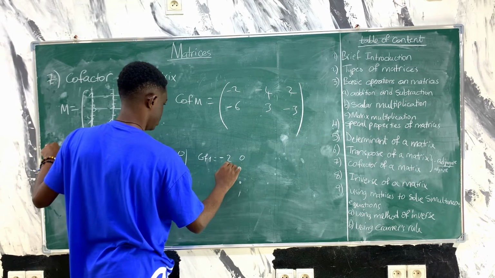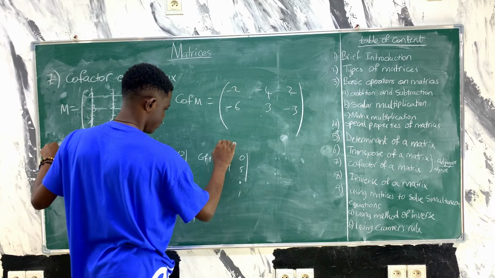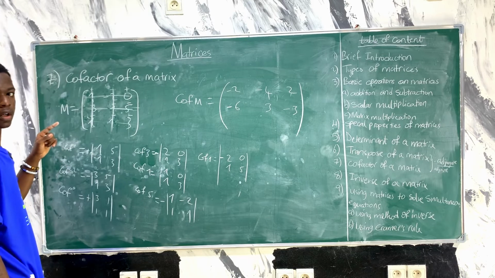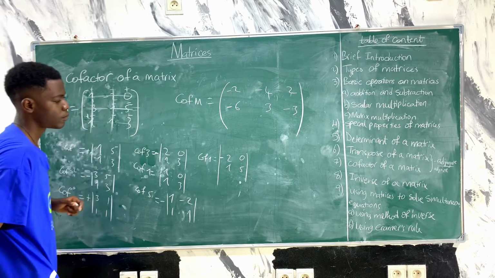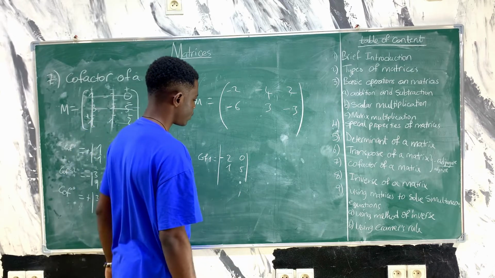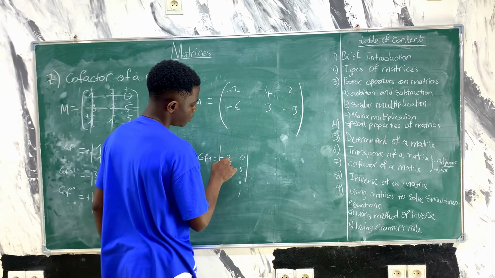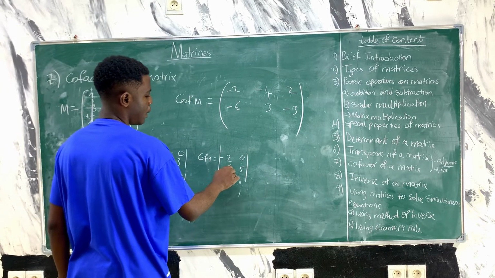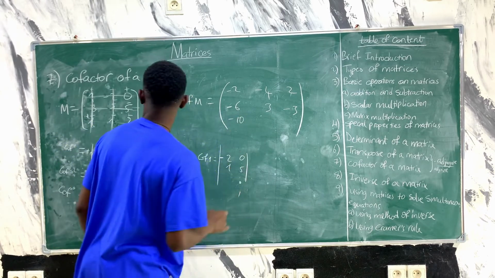The sign here is plus. So when you find the determinant here, you do minus 2 times 5 is minus 10. Minus 10 minus 0 is still minus 10. Sign is plus, so write your minus 10.